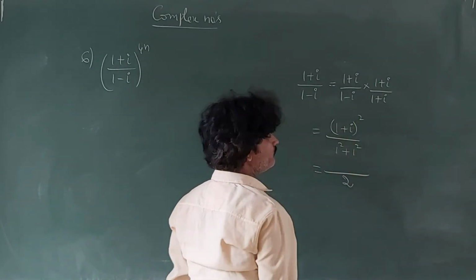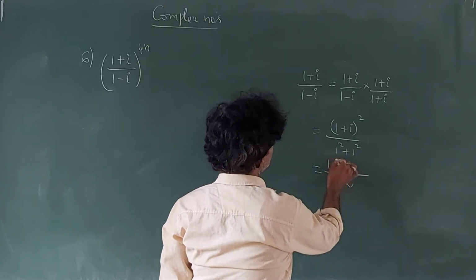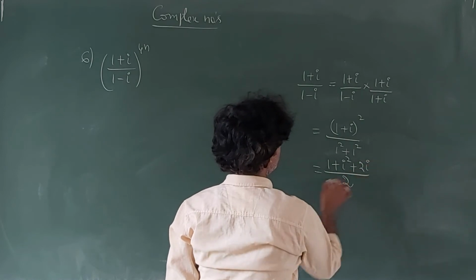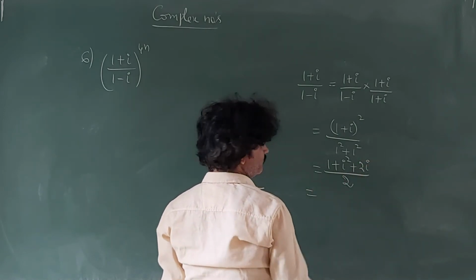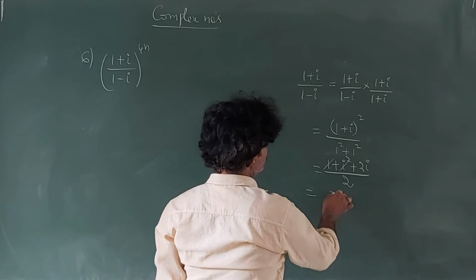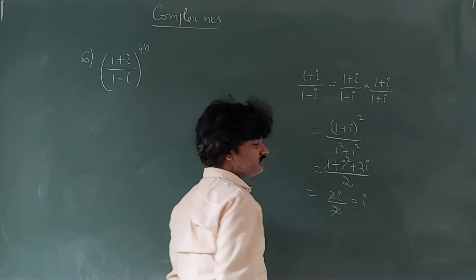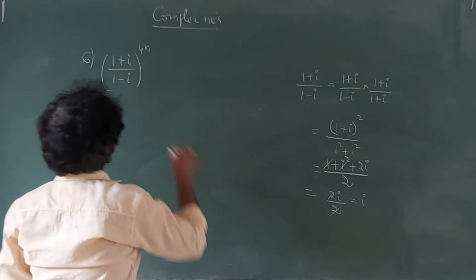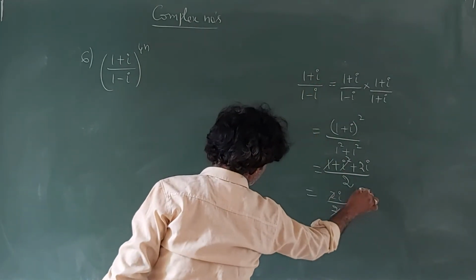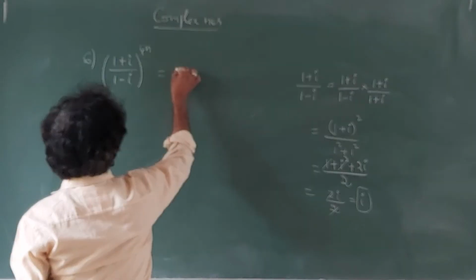Again the numerator is a plus b whole square, expand: a square plus b square plus 2ab. i square value is minus 1, and 1 plus 1... minus 1 plus 1 gets cancelled. 2i by 2, the 2 gets cancelled. Simply we got i. So the value of 1 plus i by 1 minus i is i.